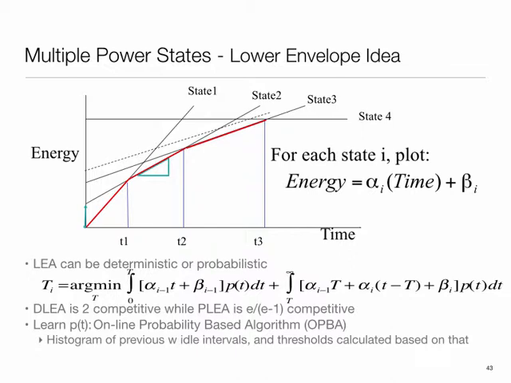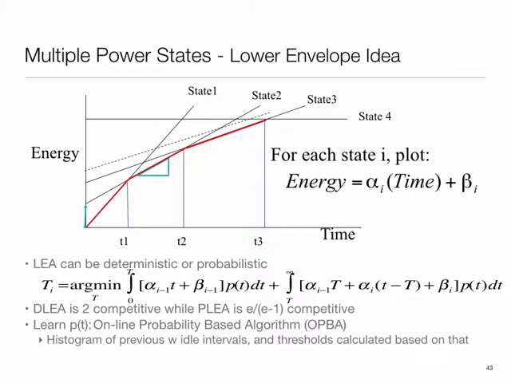Again, one can show that this algorithm is optimum in the same sense of being 2-competitive, and there is a stochastic version of it, which again turns out to be optimum, based upon the same criteria we discussed earlier. Our real systems tend to be closer to this kind of model, with multiple states, where you go deeper and deeper into it.